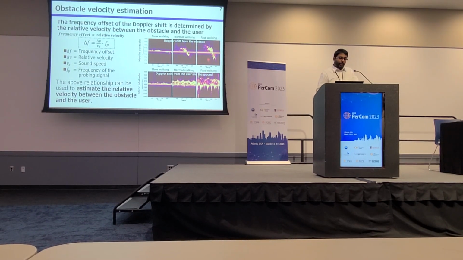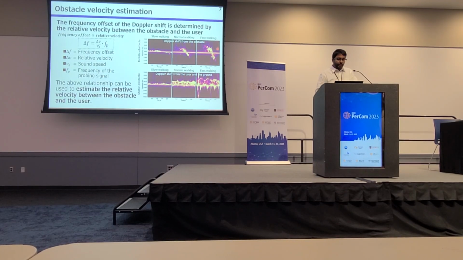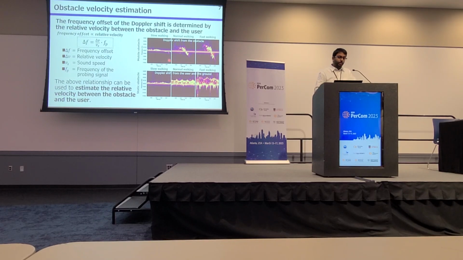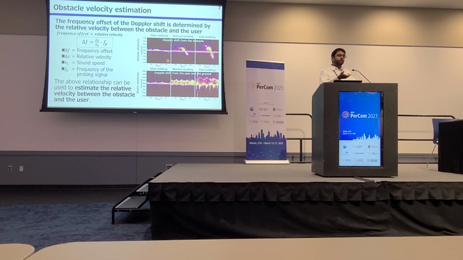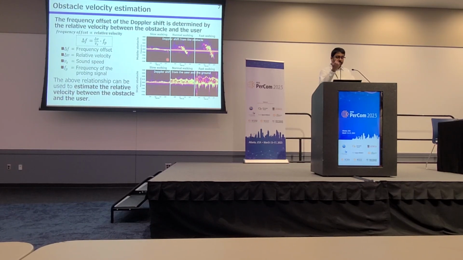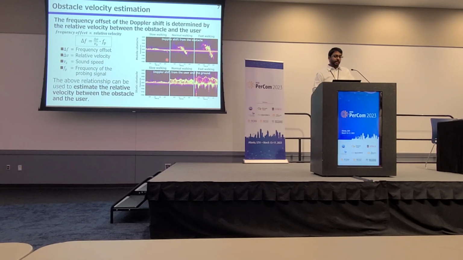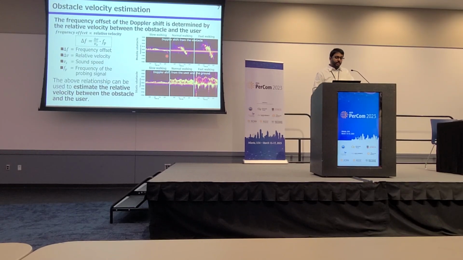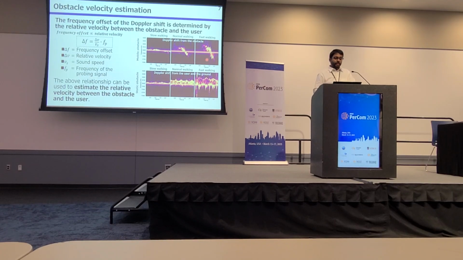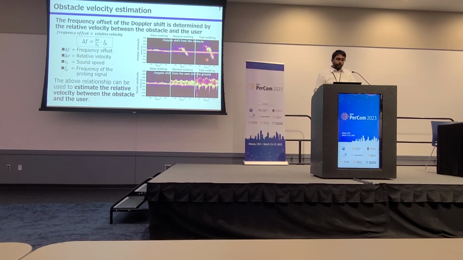So for example, you can see three different FFT spectrograms here, which we collected using a static user who was holding the smartphone, and we asked a person to move towards this person at three different walking speeds. As you can see, when the walking speed of the obstacle increased, the offset of the Doppler shift created also increased.